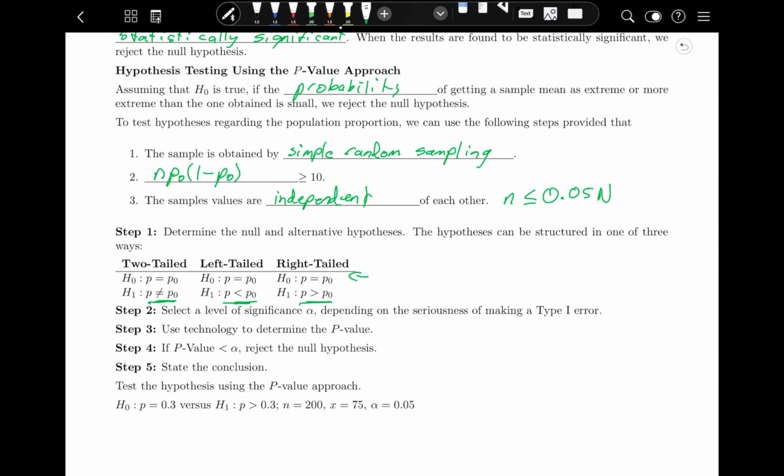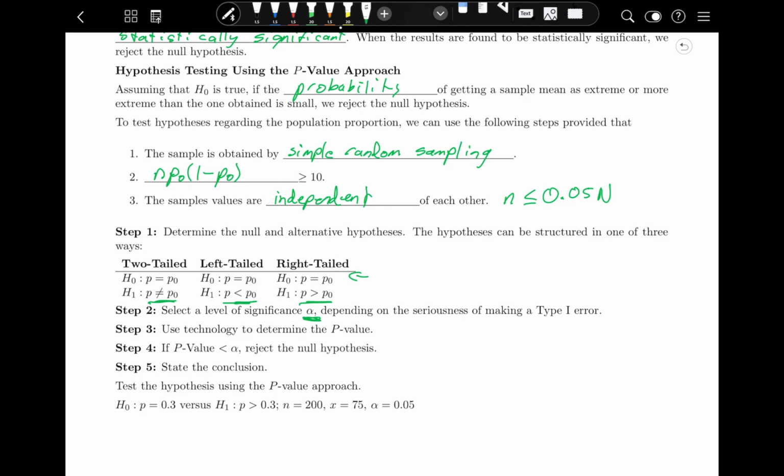So changed, decreased, increased. So then we select a level of significance alpha depending on the seriousness of making a type 1 error, and this alpha is going to be our cutoff point for the probability we're going to calculate. We want the probability to reject the null hypothesis based on this.